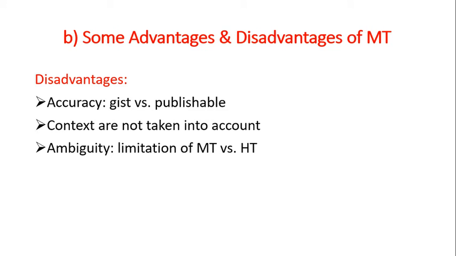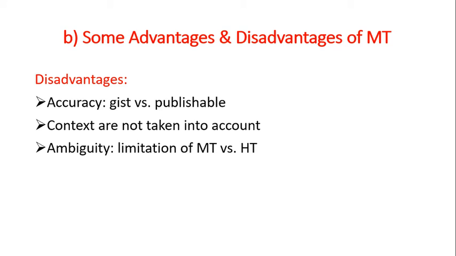The disadvantages, or some of the disadvantages, I must say: the accuracy issue. Of course, machine translation is good for gisting, that you get the idea of what has been said. You are not looking for correct grammatical sentences or well punctuated text. You are just translating for the sake of getting the summary or a gist.